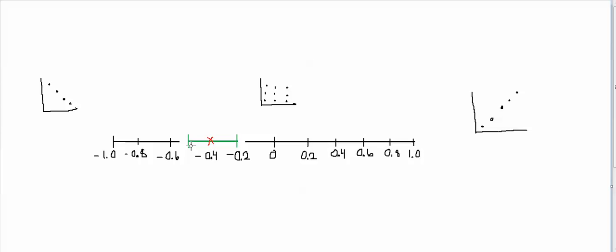When this is the case, the sample correlation is likely to be somewhere near that number down here. Which means that the sample correlation coefficient is not as likely to be around 0 anymore, because the population correlation coefficient is actually in the negative area.